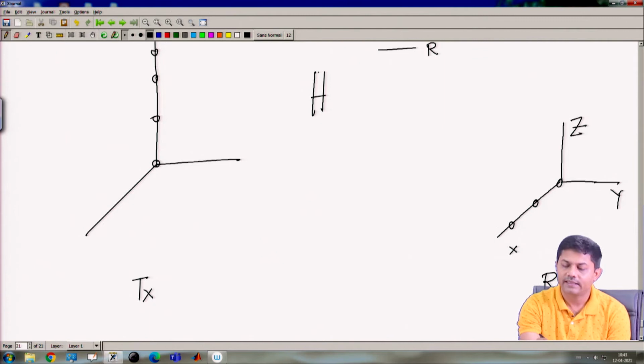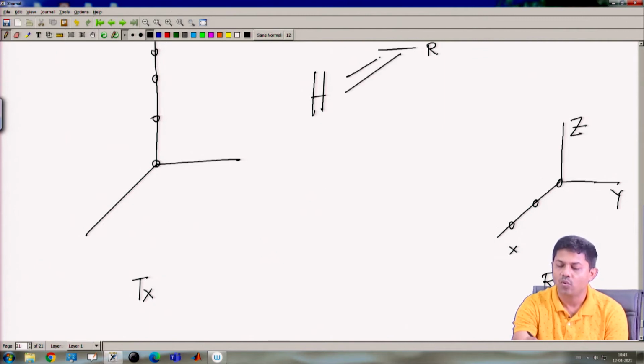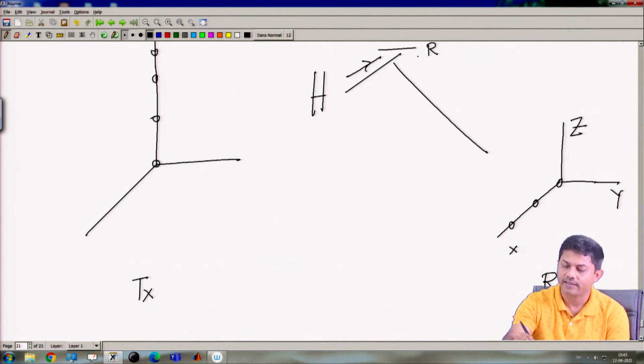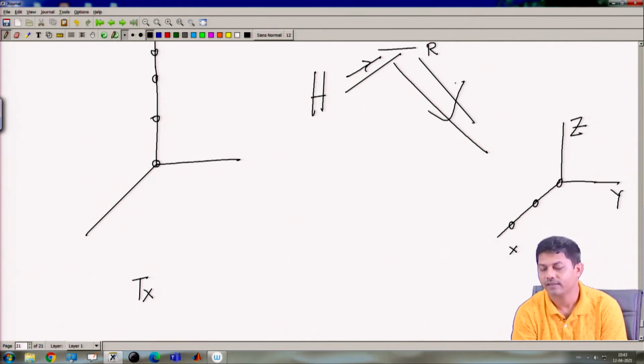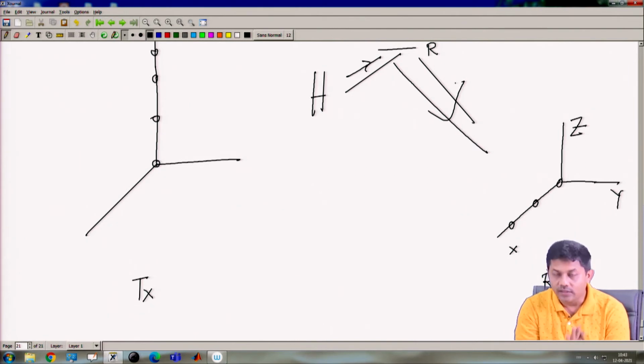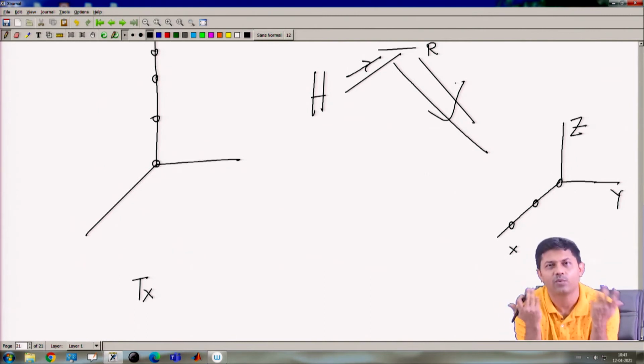So, let us say this is where the rays go from the transmitter side, this is where my rays come in at the receiver side. This is how it is. Okay, just to make my understanding slightly better, and there is no other reflector. Why do I do that? Because here I just want to make sure my angle of arrival and my angle of departure are separate. Otherwise, I have to make my angle of arrival and departure both the same, because I do not see any difference between the direction at which I am sending and the direction at which I am receiving.